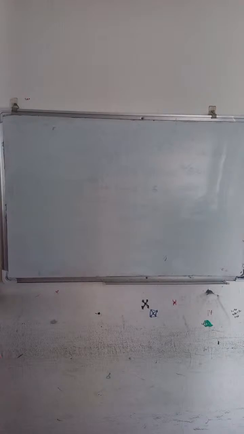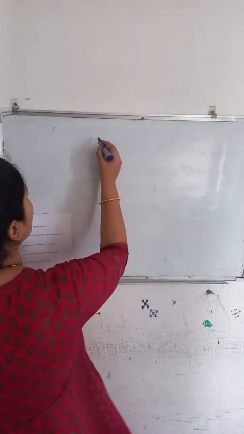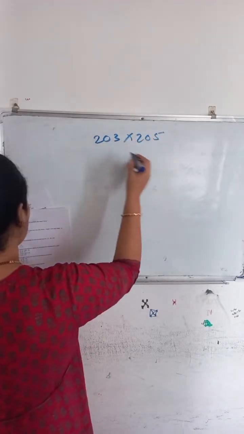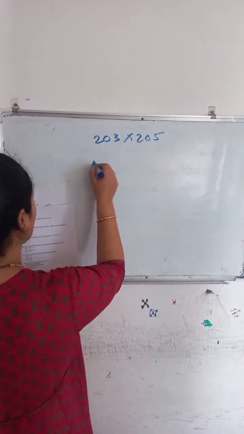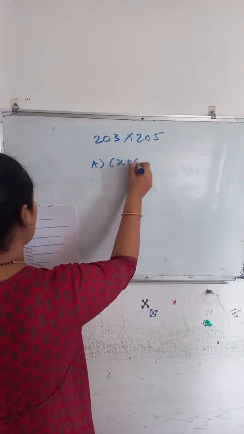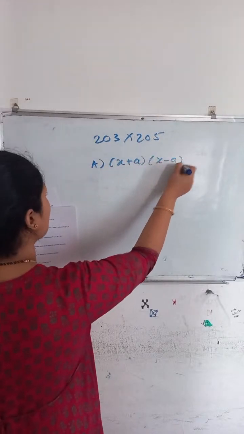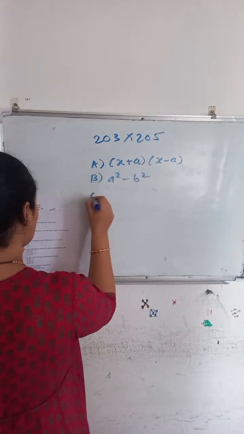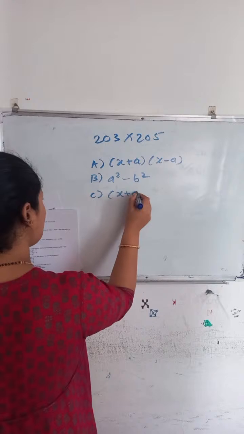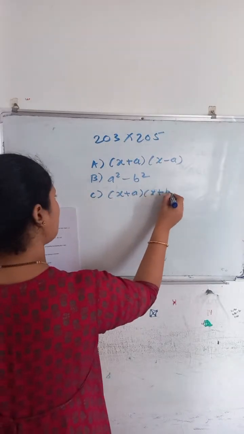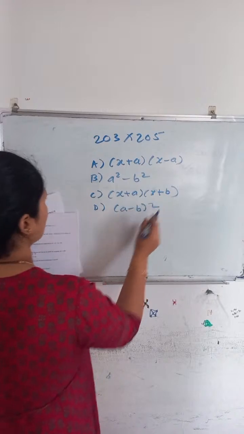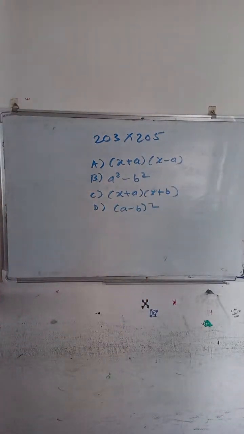Here they are saying it's 203 into 205 and options are given: first x plus a, x minus a; b we can take a square minus b square; c x plus a, x plus b; and last option is a minus b whole square.